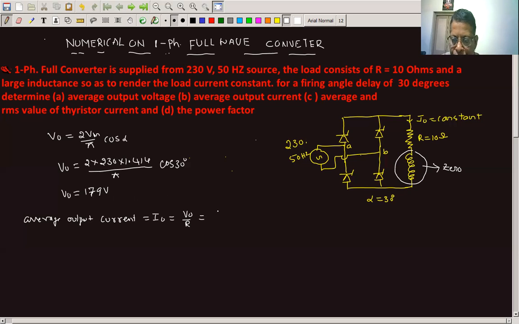So 179 divided by 10, we are getting the value 17.9 amperes.